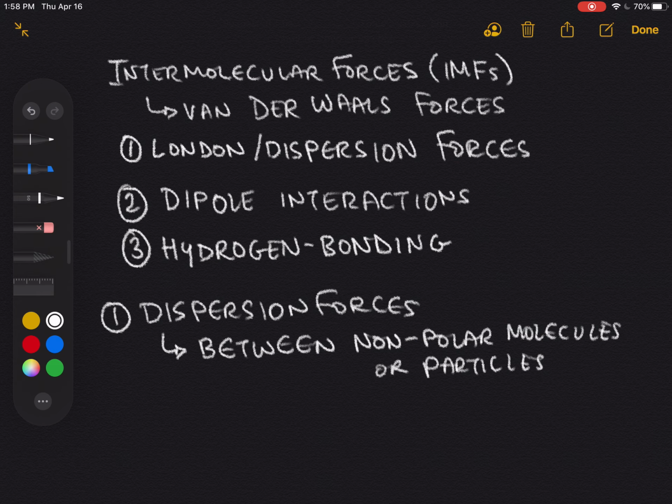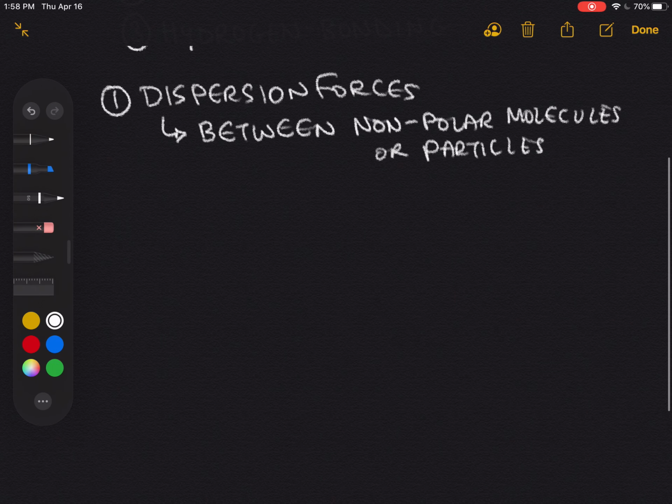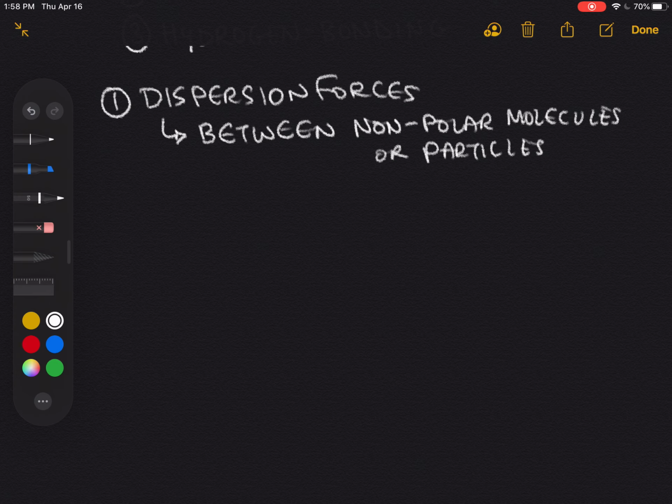It depends on how shiftable the electron cloud is of a given particle. So the way we interpret this is if there is a larger electron cloud, if there's more surface area to the molecule, therefore more surface area to the electron cloud, it's more shiftable, and therefore these dispersion forces are greater.